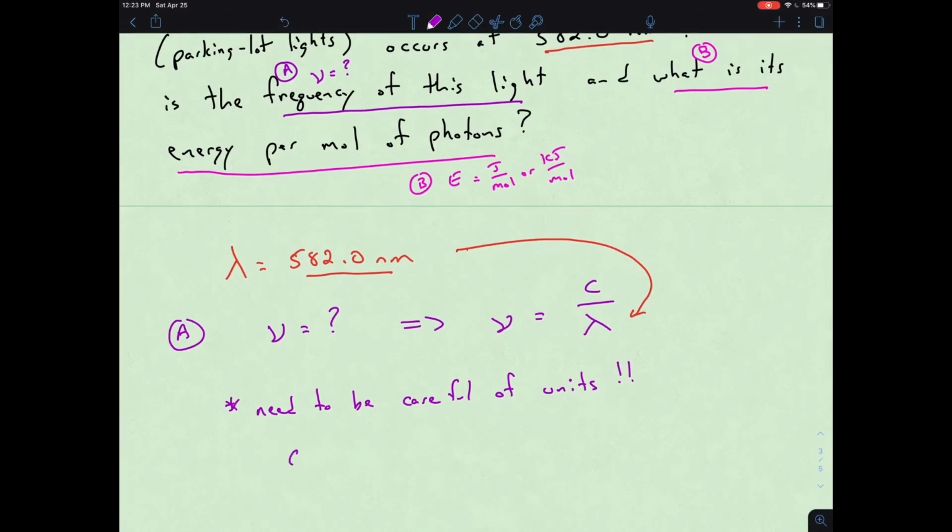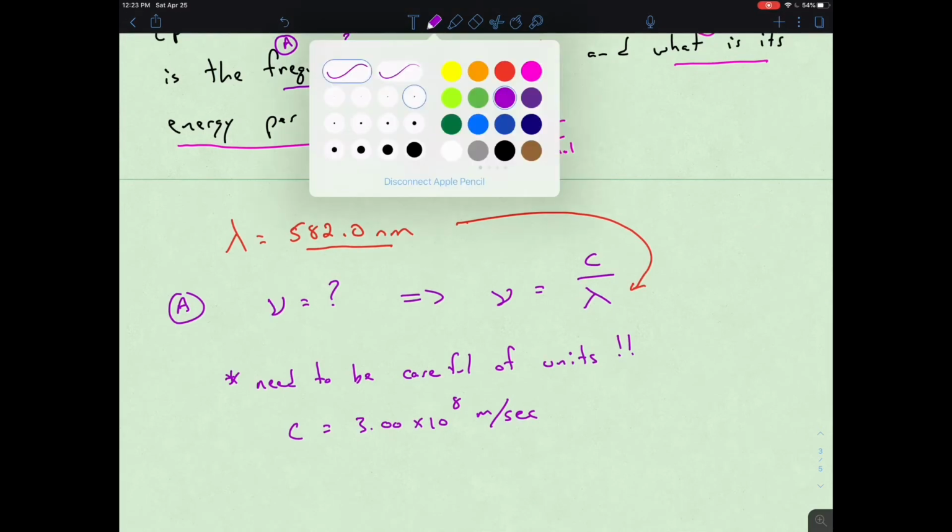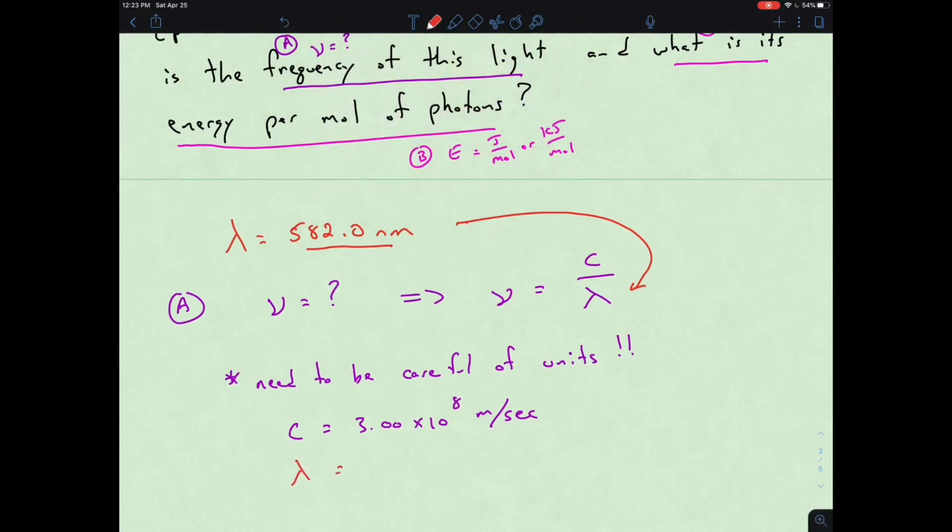For instance, c is equal to 3.0 times 10 to the 8th meters per second, but our wavelength is equal to 582 nanometers. So we have a problem there with our units.